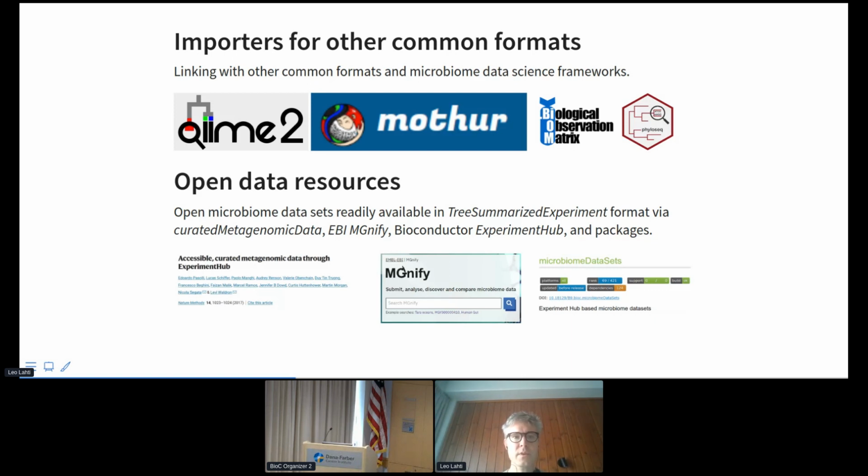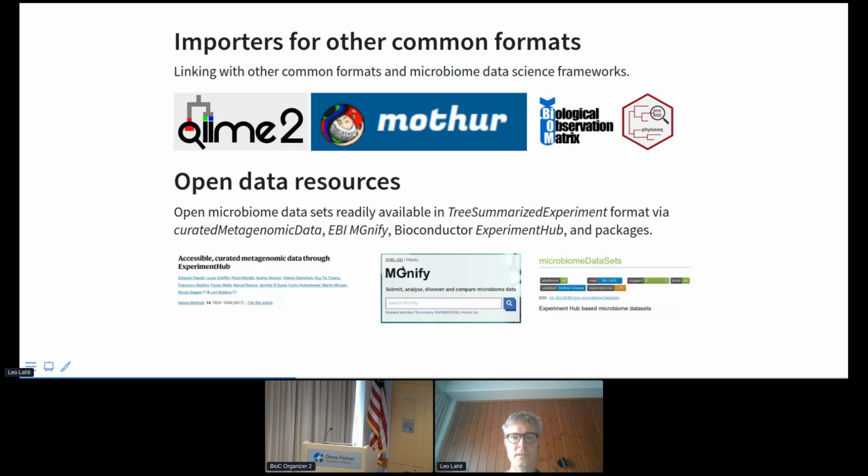In addition to the methodology, we of course have the importers for the common file formats for microbiome research, which makes this system interoperable with many other tools that you can utilize for microbiome data science. And we also link to a number of open data resources for microbiome research.